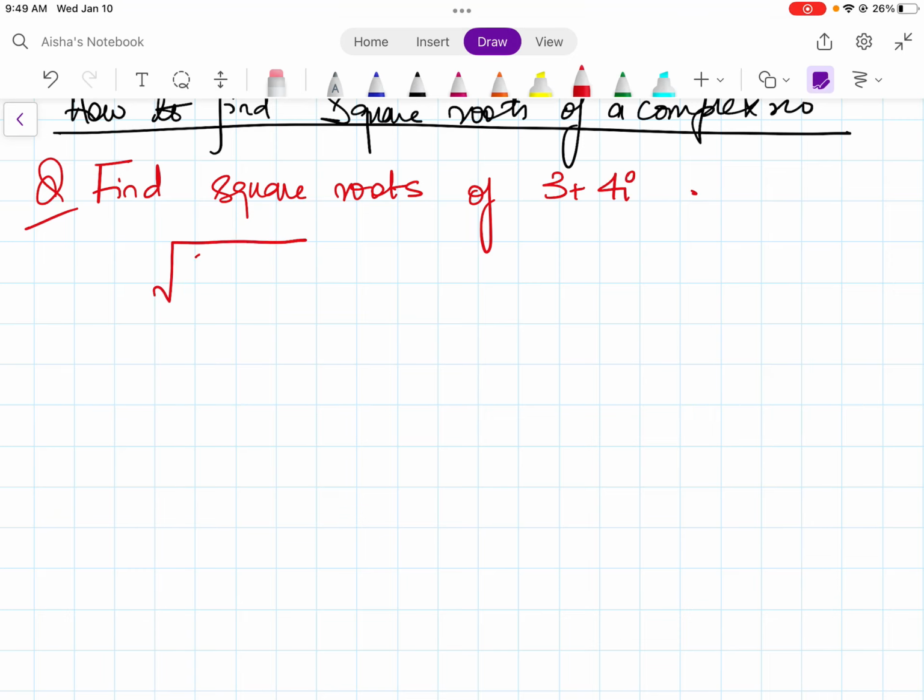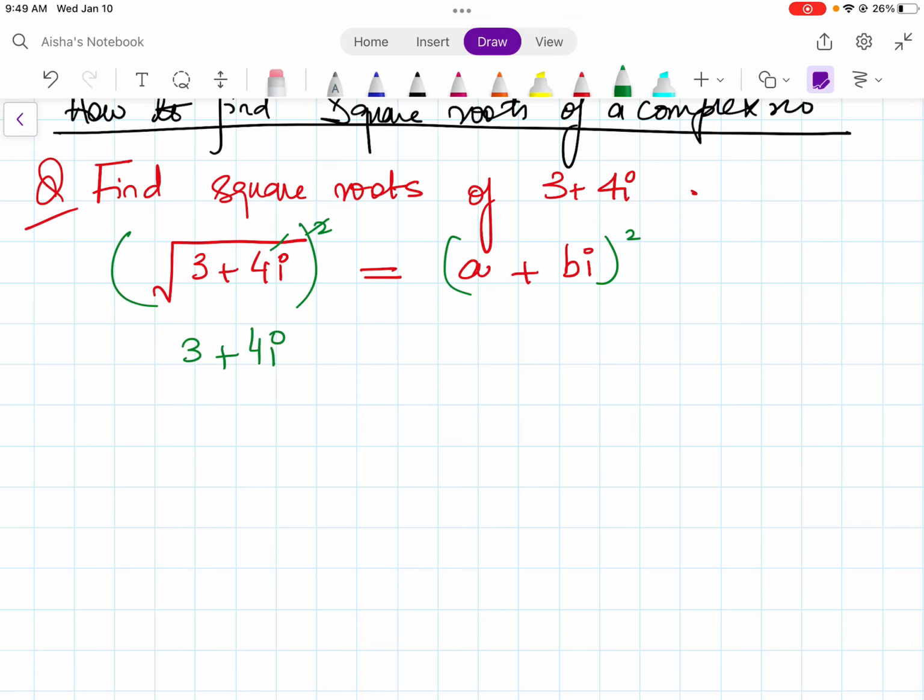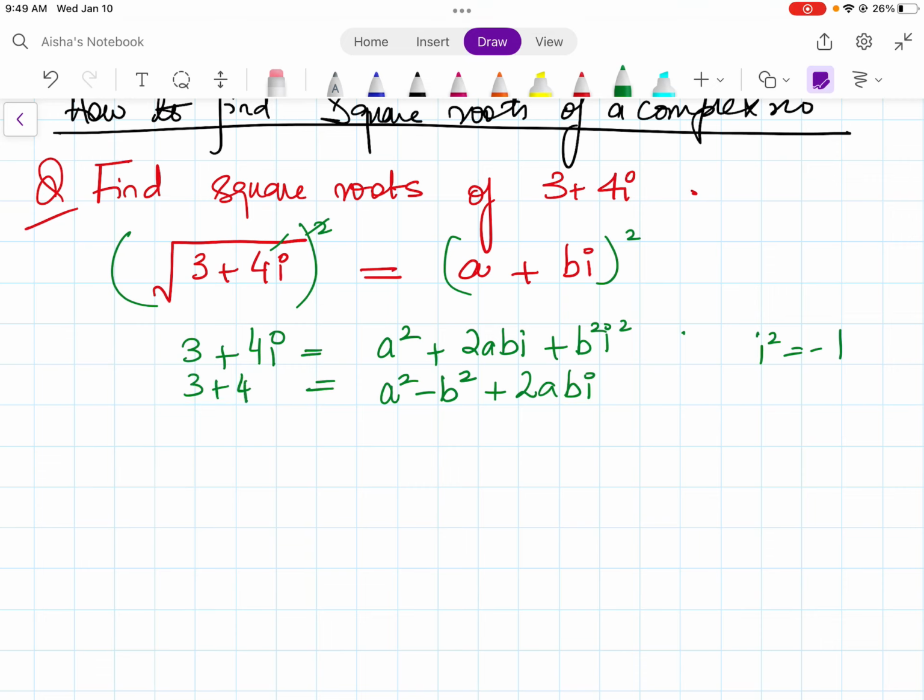Now you know the square root of a complex number will also be a complex number. Squaring both the sides, i square is minus 1. I rearrange the equation. I'll start comparing.